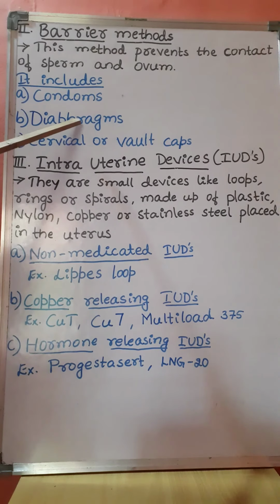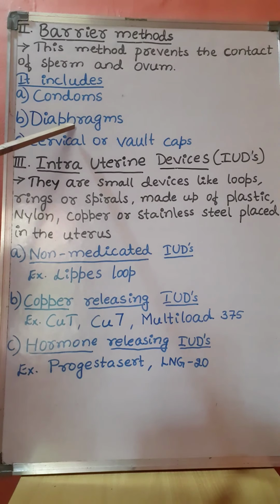Spermicides are chemicals which kill sperms, and they are used in the form of creams, jellies or foams to coat the inner surface of barriers like the diaphragm.